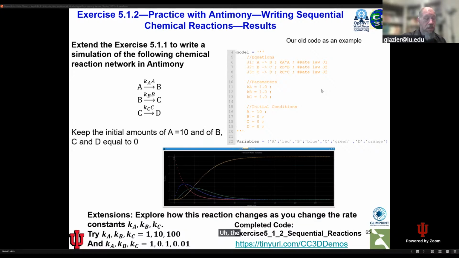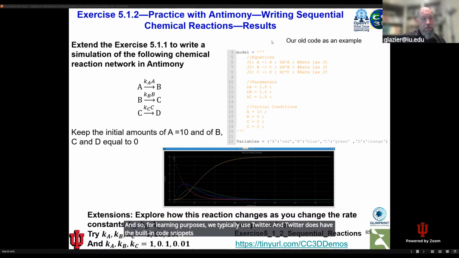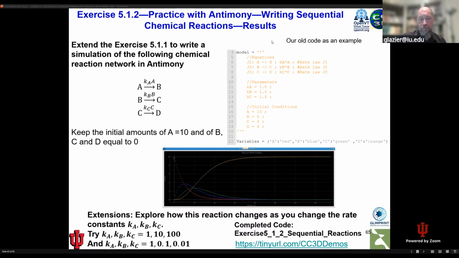The advantage of VS Code is it gives you things like LLMs built in. The disadvantage is that it's a little more complicated to install and use. And so for learning purposes, we typically use Tellurium, and Tellurium does have the built-in code snippets. But by all means, if you like to use VS Code, use VS Code.